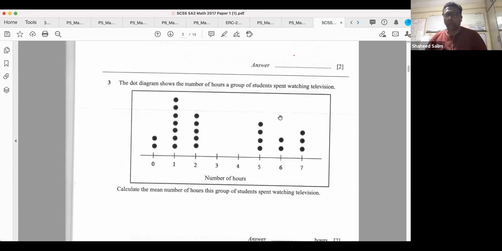So now you know how to calculate. You know how to read this. They want you to calculate the mean number of hours. Mean doesn't mean cruel. Mean means average. Mean doesn't mean bad. Please. So you've got to calculate.